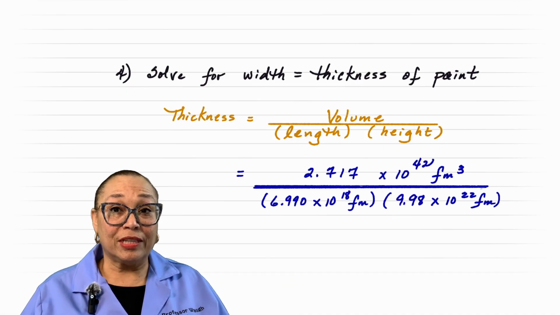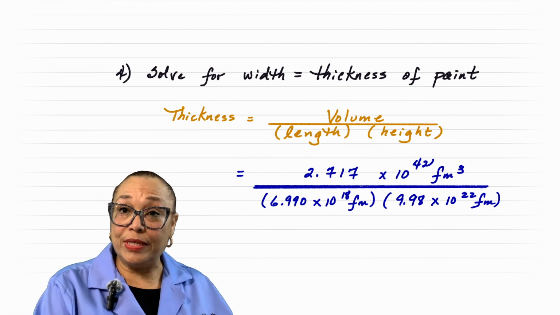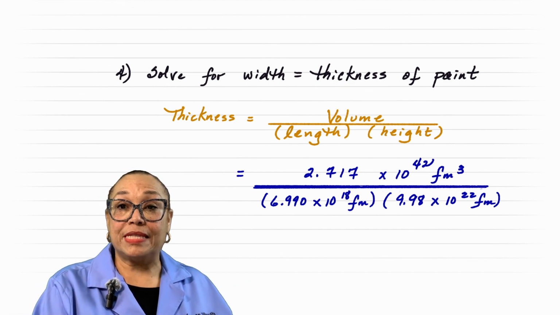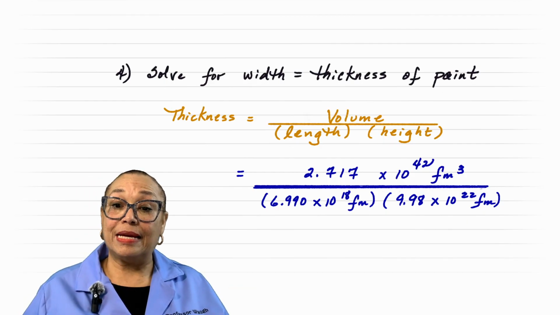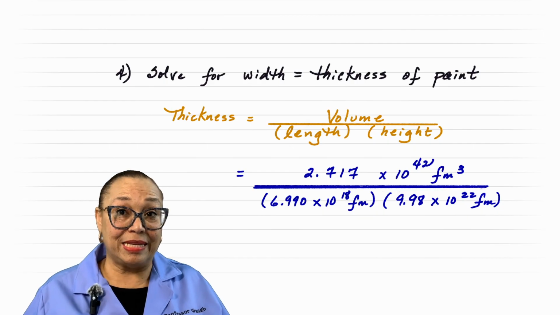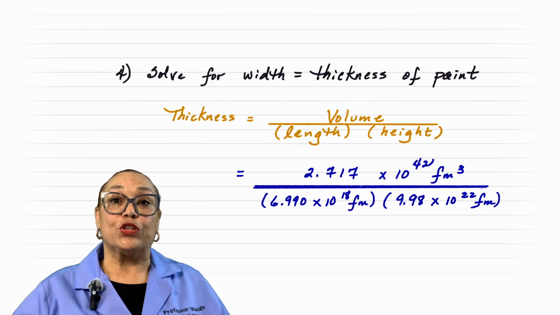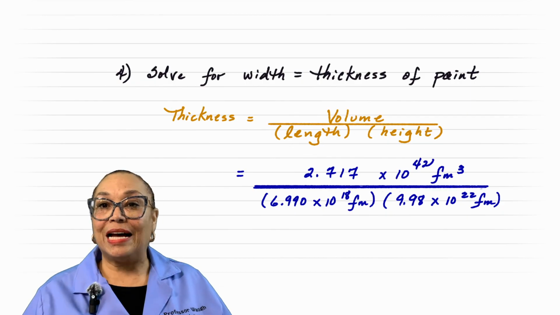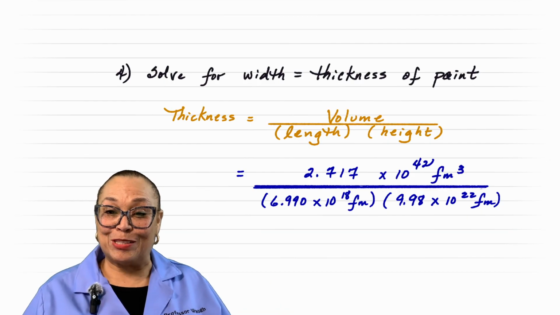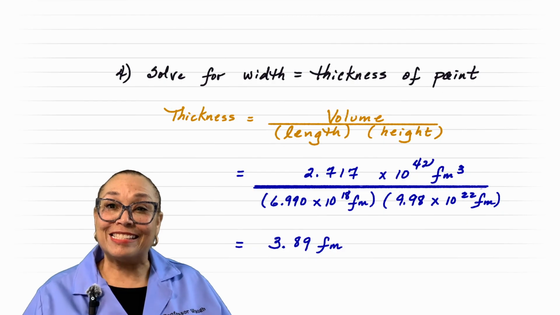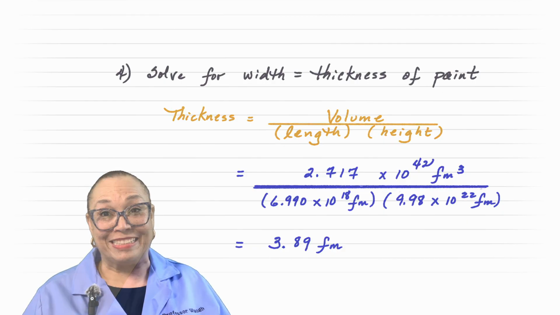Now, in your calculator, you would input the 2.717 times 10 to the 42nd cubic femtometers divided by 6.990 times 10 to the 18th femtometers, further divided by 9.98 times 10 to the 22nd femtometers. And thus, our resulting answer is 3.89 femtometers. That's the thickness of the paint.